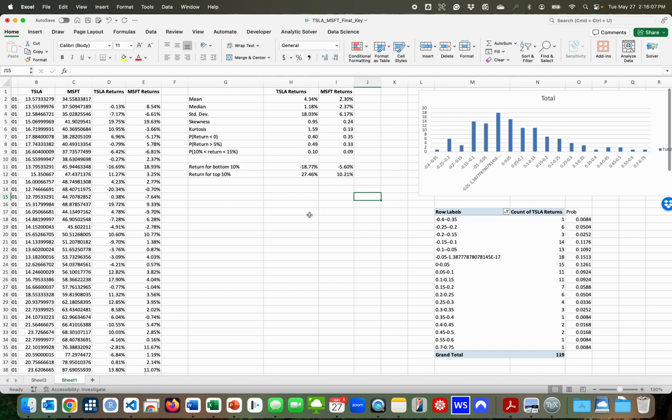So that's how we use the norm.dist and norm.inverse functions. Students always ask, how do I know which one to use? If I give you returns and ask for probabilities, it's norm.dist. If I give you probabilities or percentiles and I ask you to find the return, that's a norm.inverse problem.